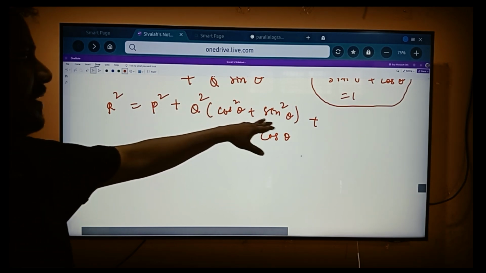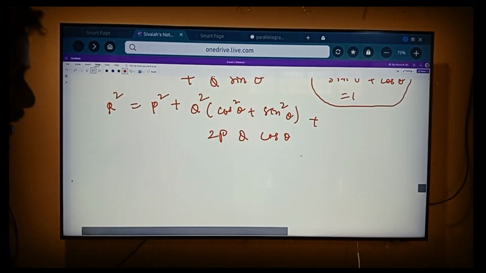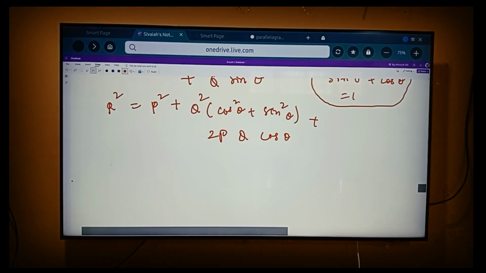Cos square theta plus sin square theta equal to 1, then you can get the final solution. So R square equal to P square plus Q square plus 2PQ cos theta.